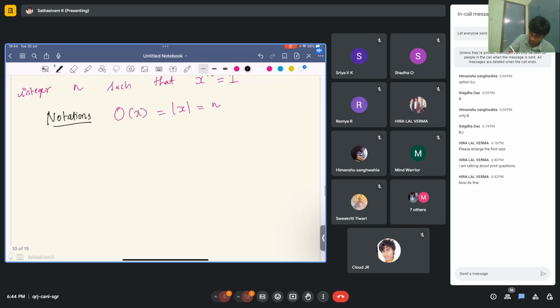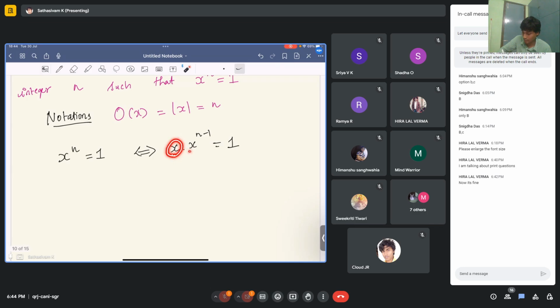Well, let's try to do it. What we know is x to the power n is 1. Let's write x to the power n a little bit differently: x times x to the power n minus 1. This is x to the power n, and this is equal to 1. These are equivalent statements. But what does this mean?